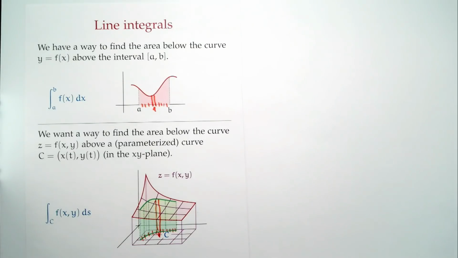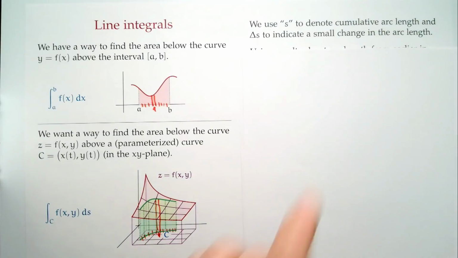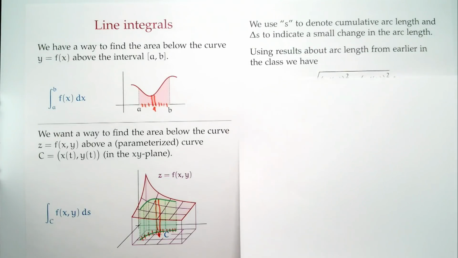So what is the ds? Well, the ds is a bit of the length of the curve. That's what the s stands for. So the s, again, is the arc length. We're going to say ds, a small infinitesimal change, but more commonly delta s, just to say we've made a change in s. So, how do you find it?